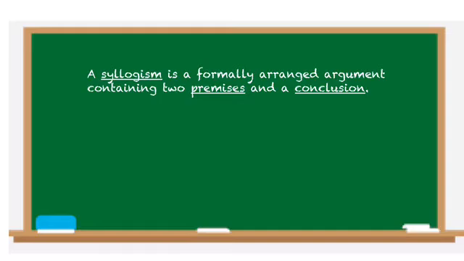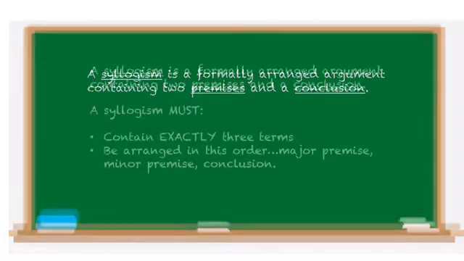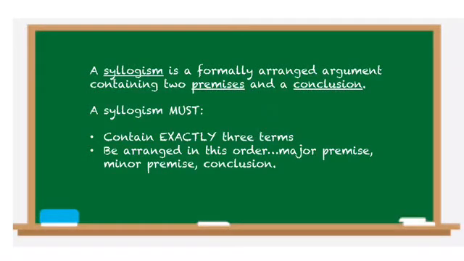Now, a syllogism is a formally arranged argument containing two premises and a conclusion. Okay, that's an important definition to make sure you get into your notes. A syllogism is a formally arranged argument containing two premises and a conclusion. And in fact, we're going to go on with that a little bit.